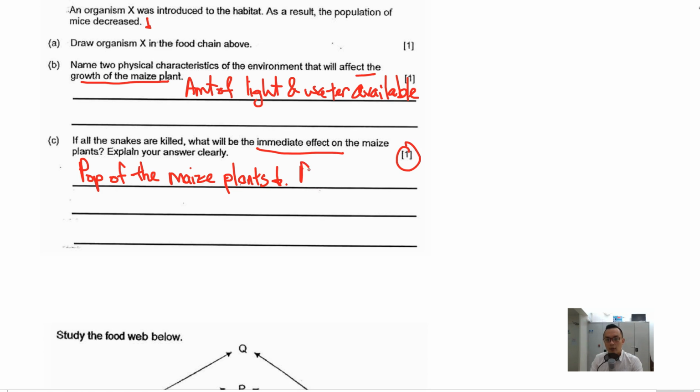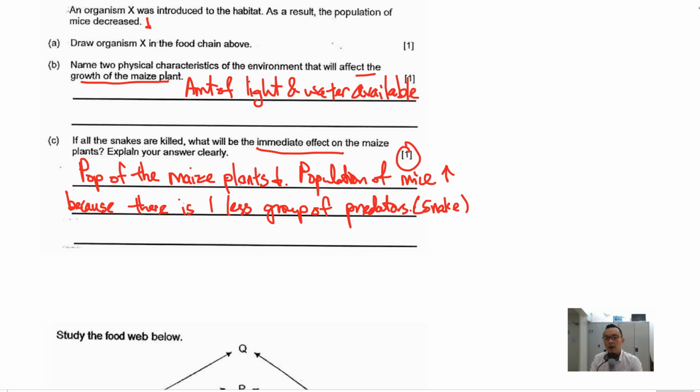Because the population of mice will increase, because there is one less group of predators, which is also known as the snake. Because of the mice increase, more of them will eat the maize plants, and then the population of the maize plants will decrease.